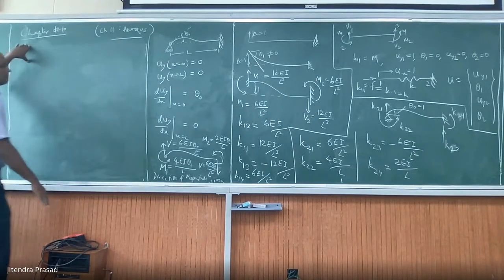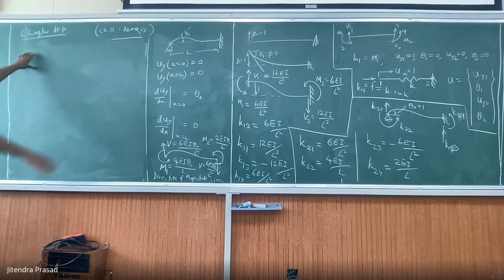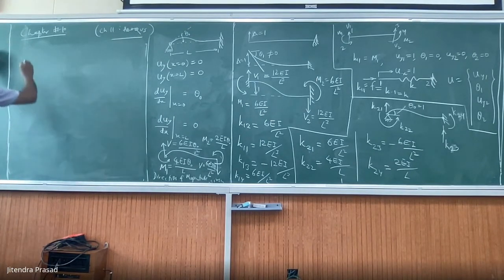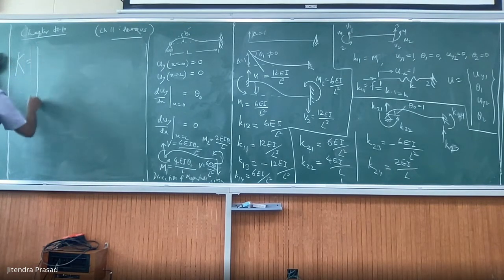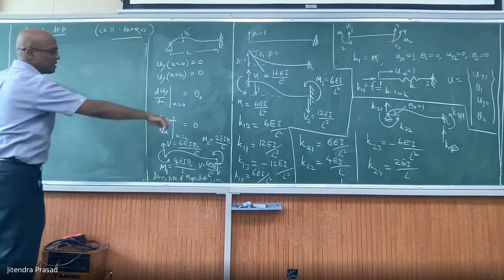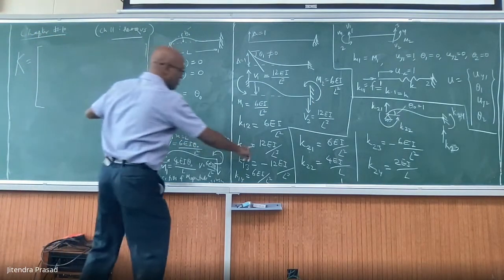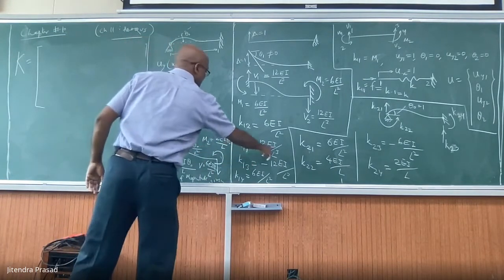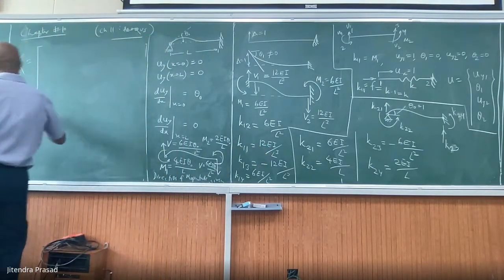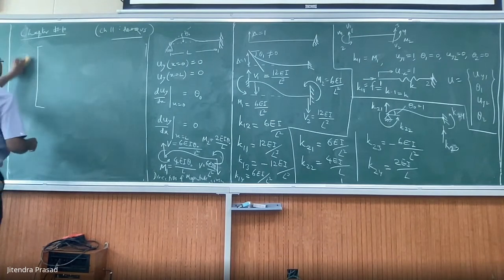Now we have that, and then now we have to compose K. K11 we have so far 12 EI, so we can put EI in common.